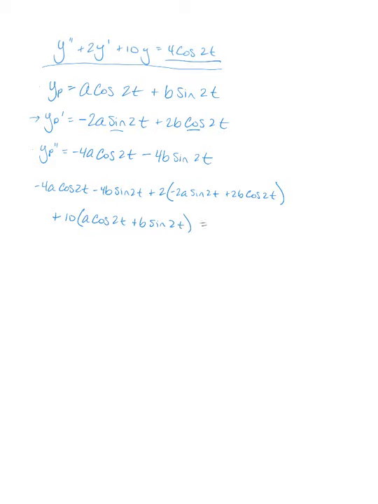And that's all supposed to equal 4 cosine 2t. So now this is just a matter of distributing, combining like terms, and equating coefficients. So I'm just going to distribute in this next step.